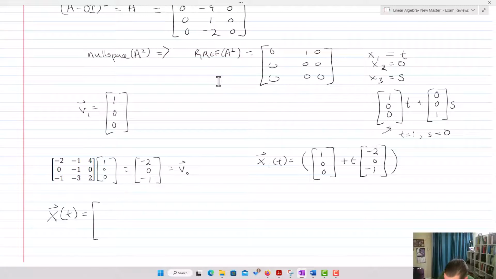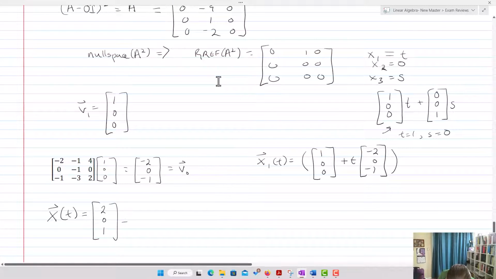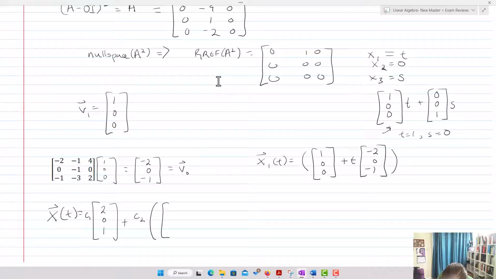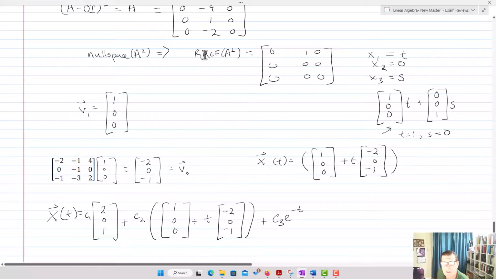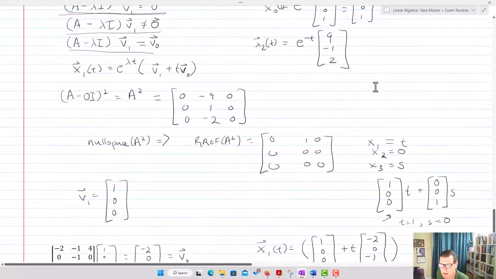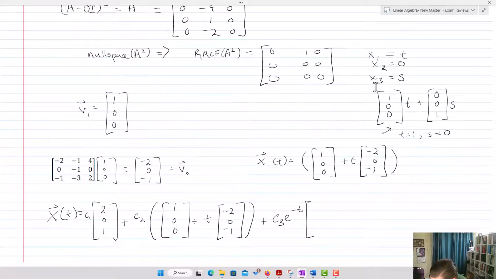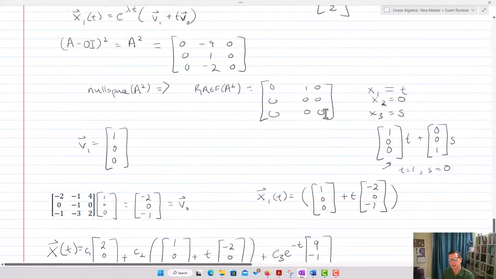That's C1 times 2, 0, 1, plus C2 times 1, 0, 0, plus t times negative 2, 0, negative 1, plus C3 e to the negative t times 9, negative 1, 2. That's the third piece.